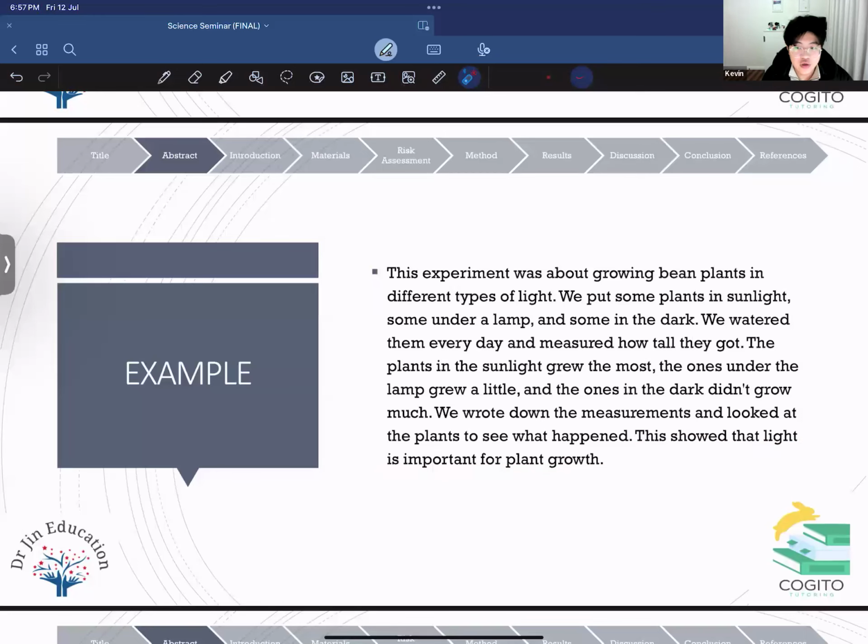Now, is this a good or bad abstract? Have a think. I'll give you guys 10 seconds again. Okay, the answer. Oh, someone's got the hand up. Okay, I can't really see the hand up anymore.